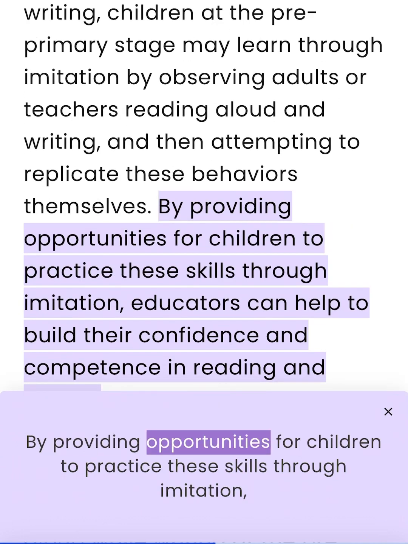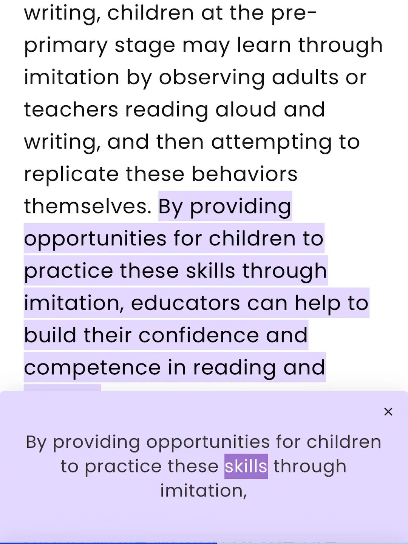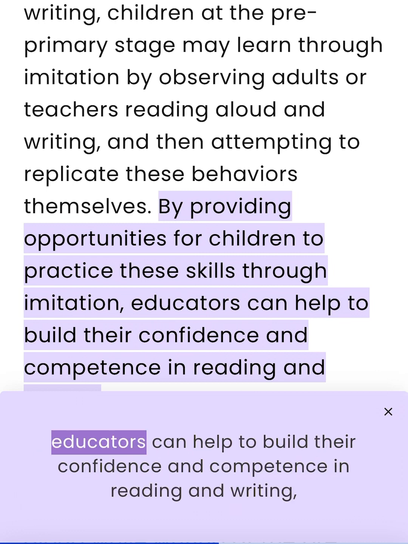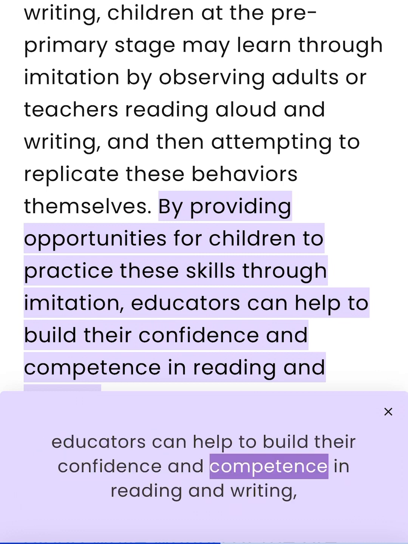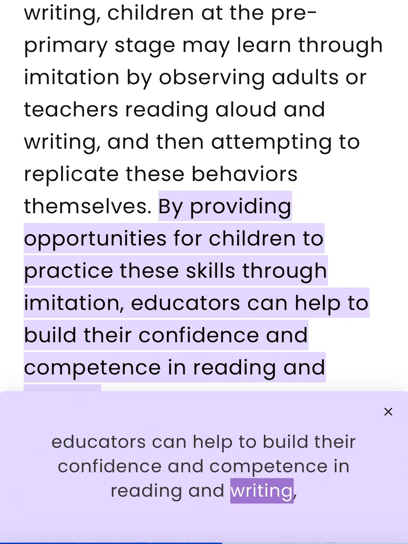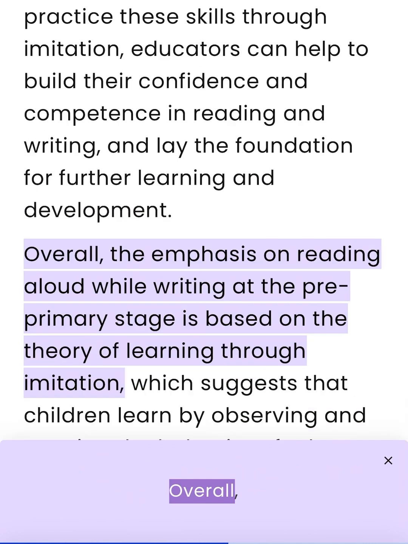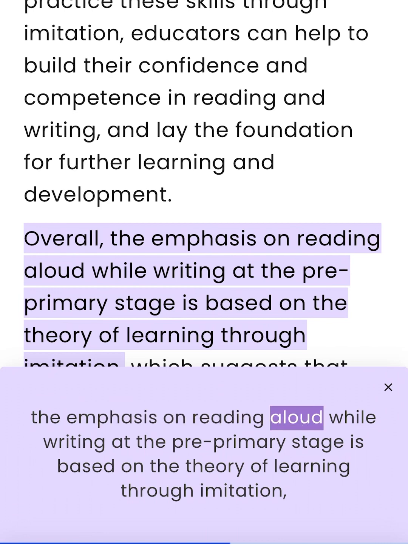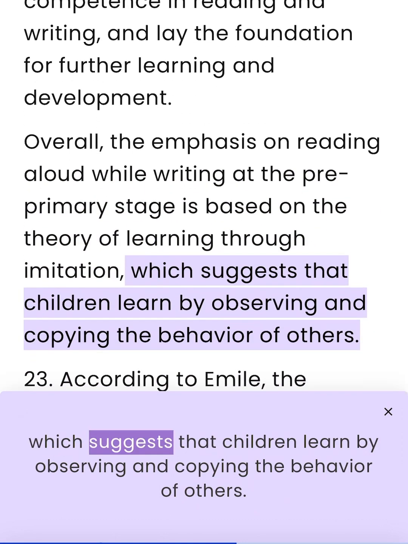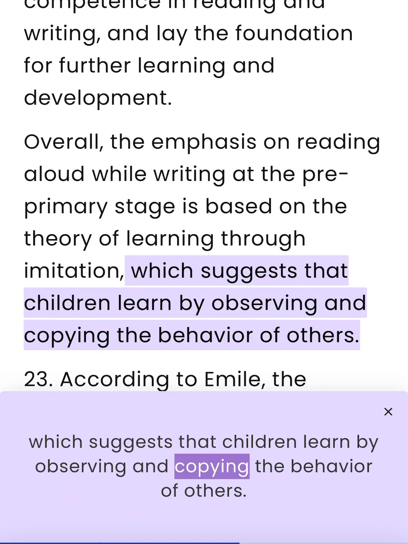By providing opportunities for children to practice these skills through imitation, educators can help to build their confidence and competence in reading and writing, and lay the foundation for further learning and development. Overall, the emphasis on reading aloud while writing at the pre-primary stage is based on a theory of learning through imitation, which suggests that children learn by observing and copying the behavior of others.